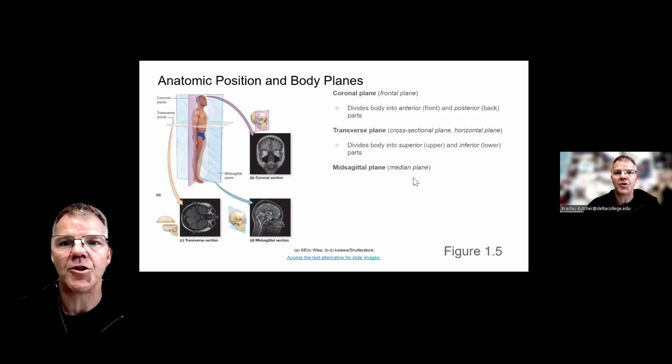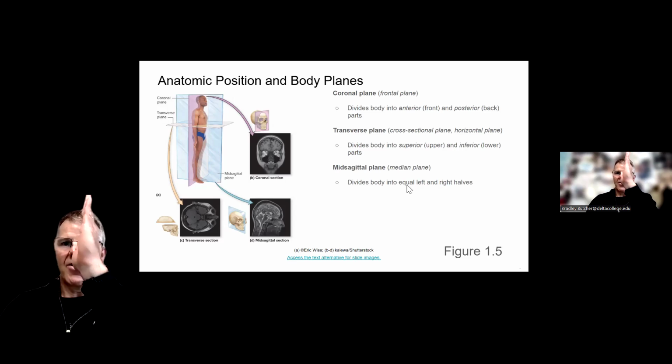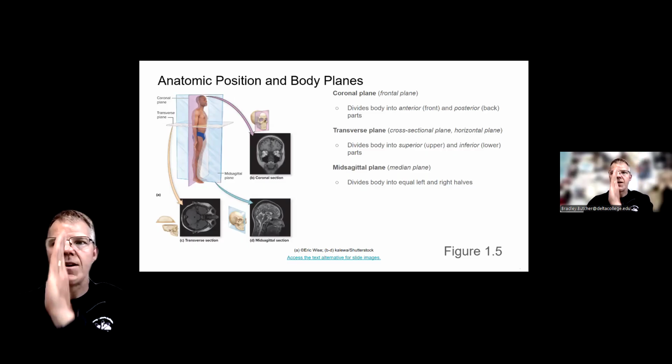The mid-sagittal plane, sometimes called the median plane, is going to divide the body into equal left and right halves. Sometimes there's also a plane called the sagittal plane, which divides the body into left and right, but not equally. Imagine a plane coming straight through part of my body, but not directly through the middle.